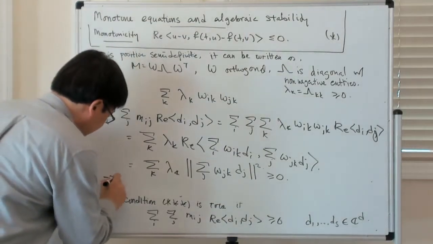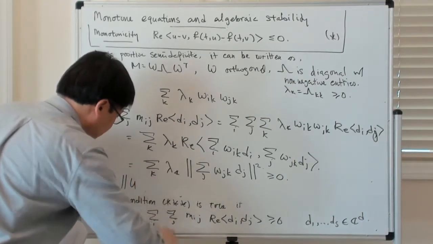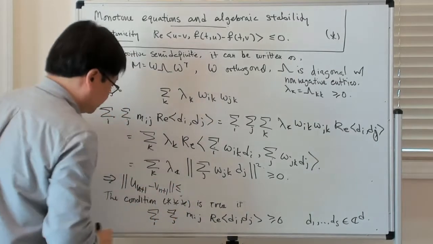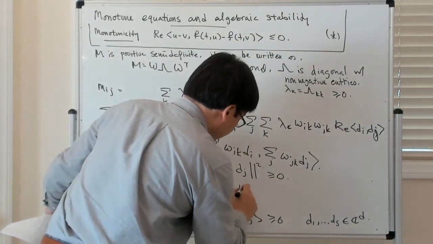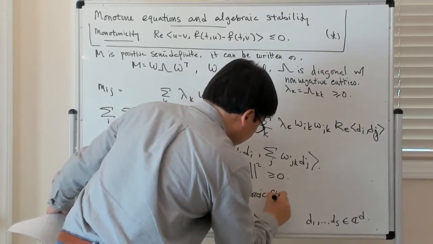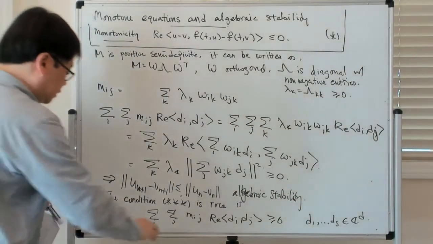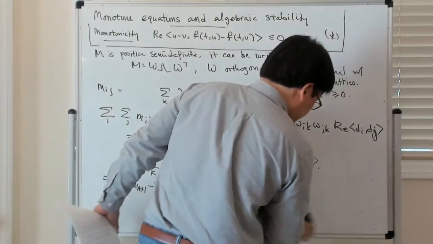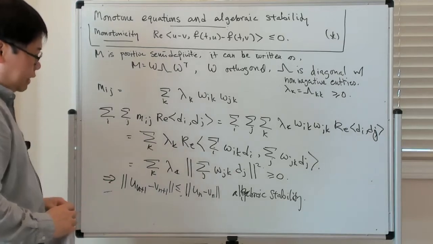So this implies that the norm of u_{n+1} minus v_{n+1} is less than or equal to the norm of u_n minus v_n, which is the condition for algebraic stability. All right, so that's basically the proof of that. And this matrix M is going to show up in a variety of other contexts as well. But yeah, let's just stop here for now.